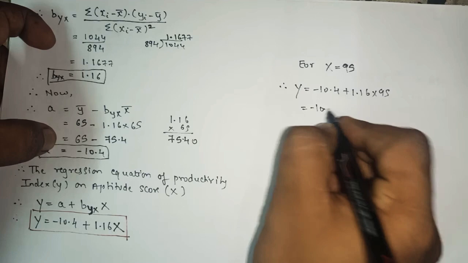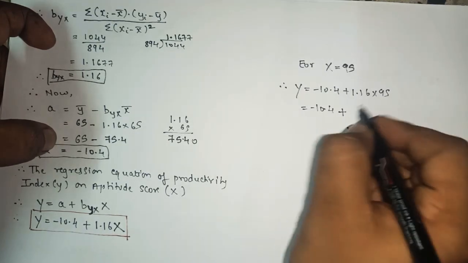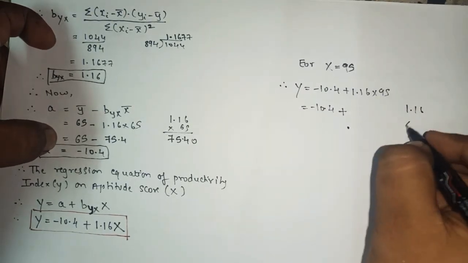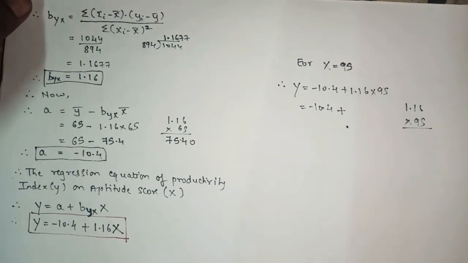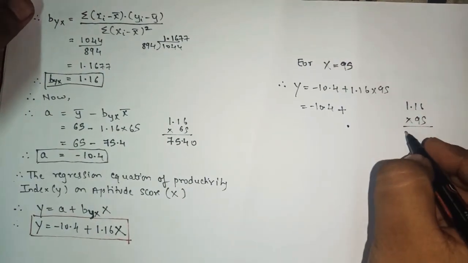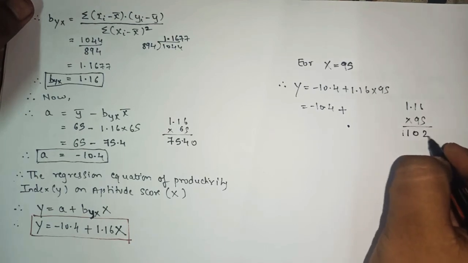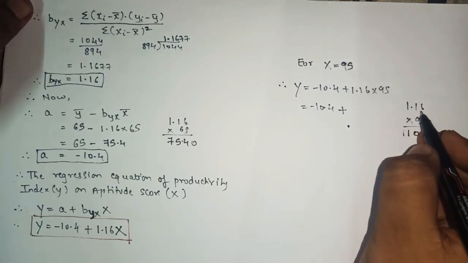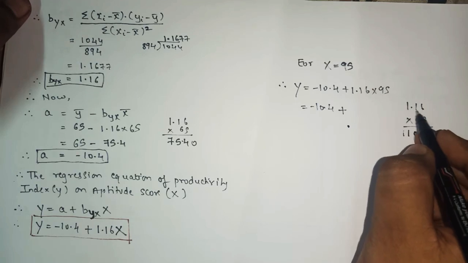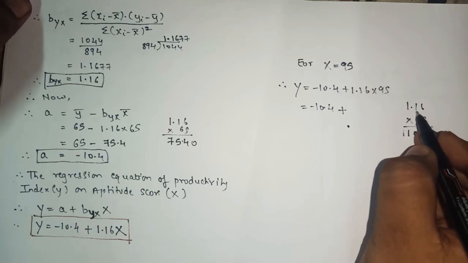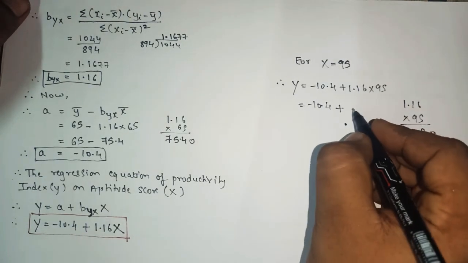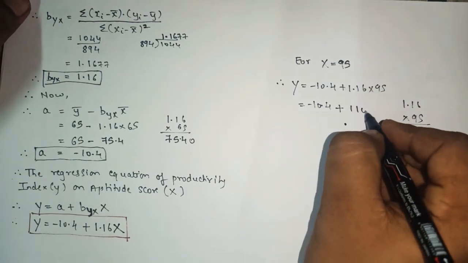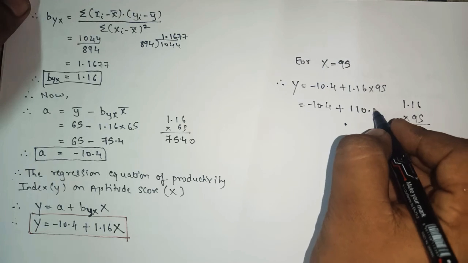So minus 10.4 plus, when you will multiply 1.16 into 95, you will get 11020. As here we have 1.16, your decimal is after two places, unit and tens. So your answer will be 110.20. Instead of writing 20, we'll write 2 only.